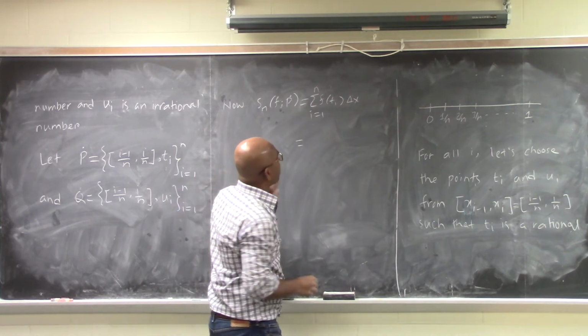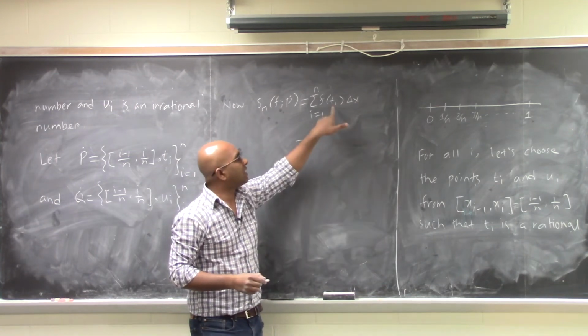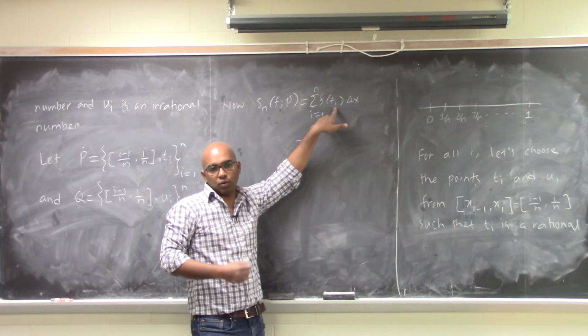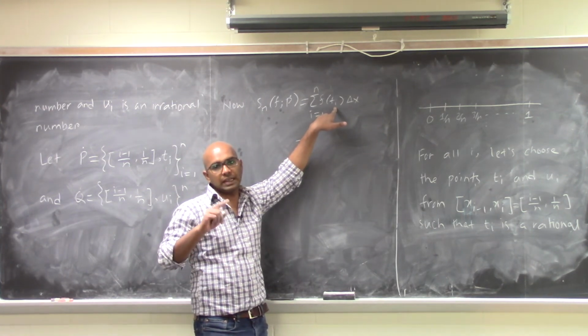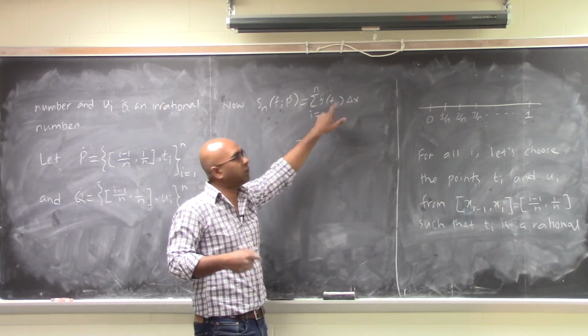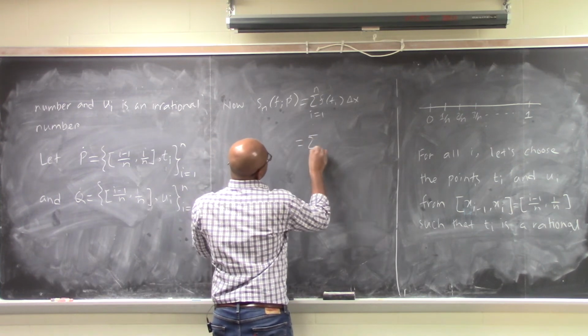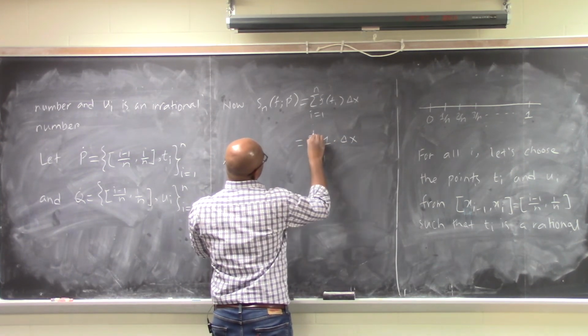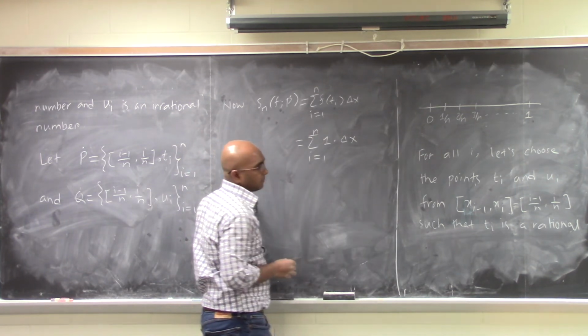Now here's the punchline. t sub i is a rational number, and the way this function works, whenever you plug in a rational number, it gives you 1. Output is 1. So this is just 1 times delta x, summed as i runs from 1 up to n.